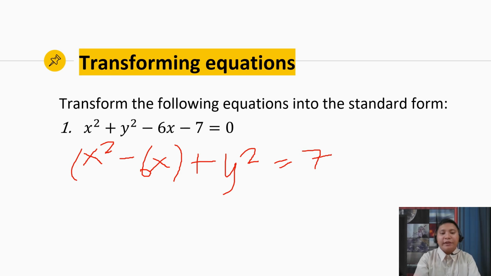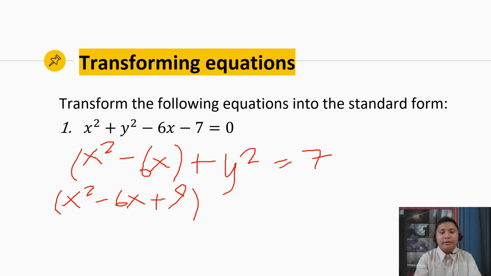So get the perfect square trinomial of this one. We divide 6 by 2, which is equal to 3, and we will square it. So the answer is 9. So we will have here x squared minus 6x plus 9. Okay, correct.